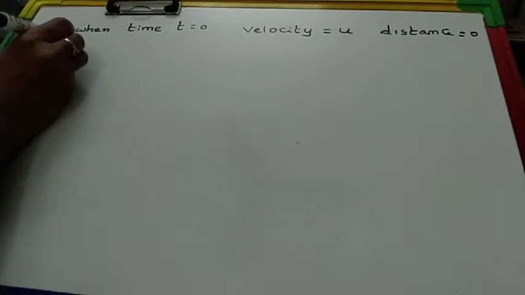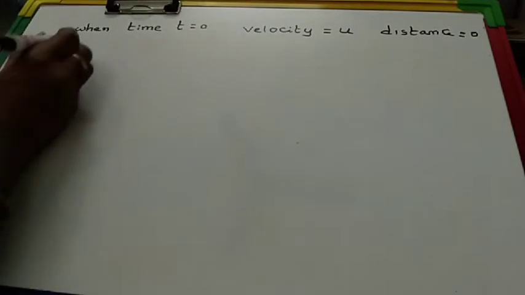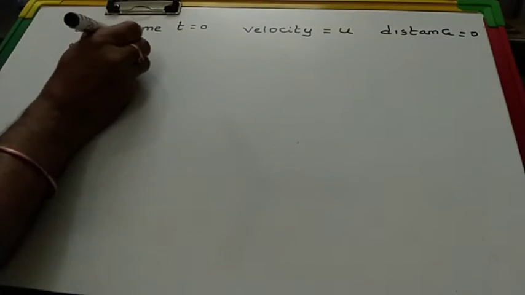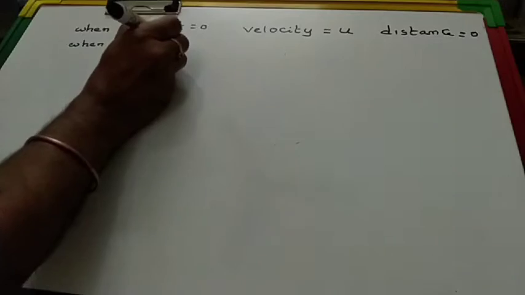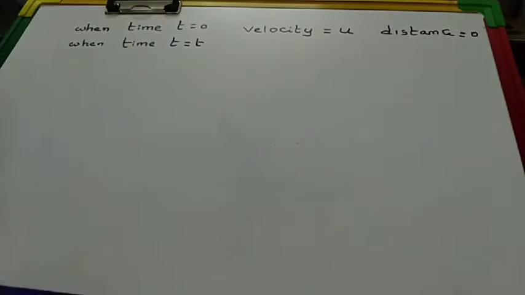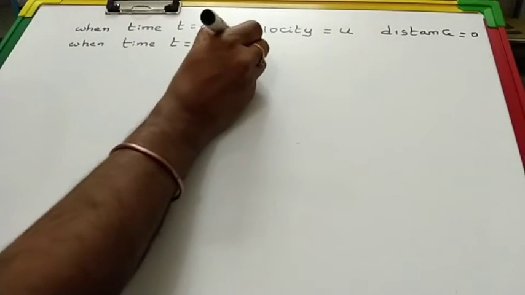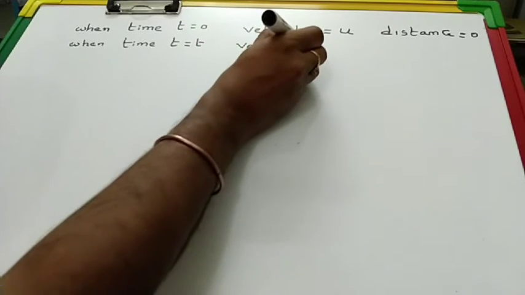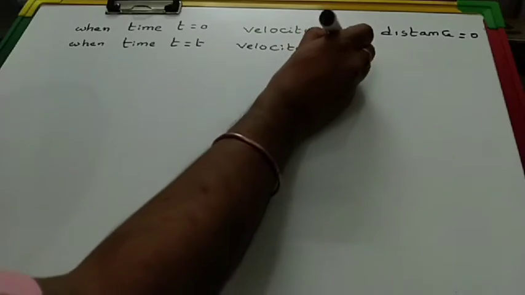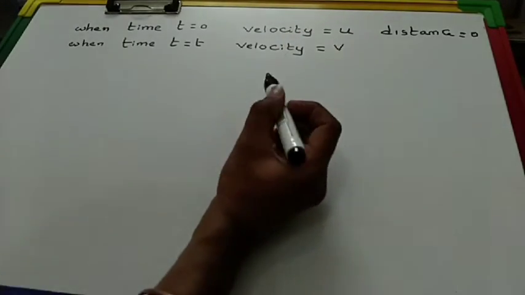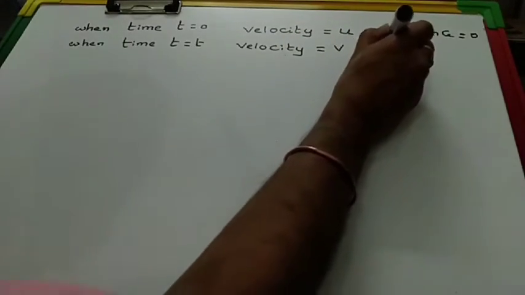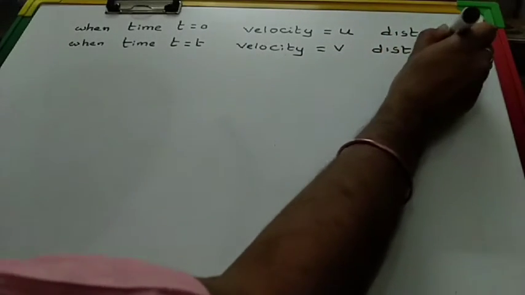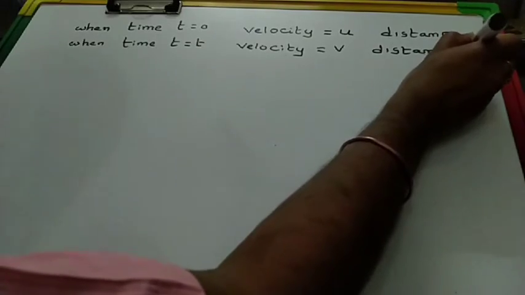Now when time t is equal to t, in that case the velocity is equal to v, called the final velocity. Therefore distance is equal to s.